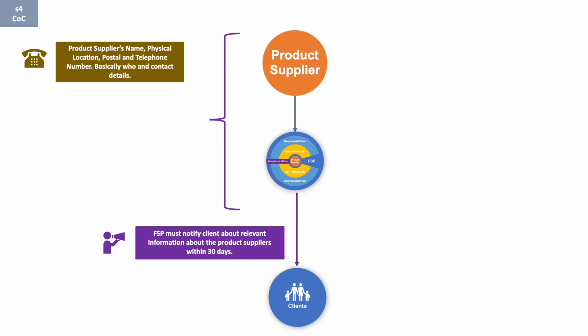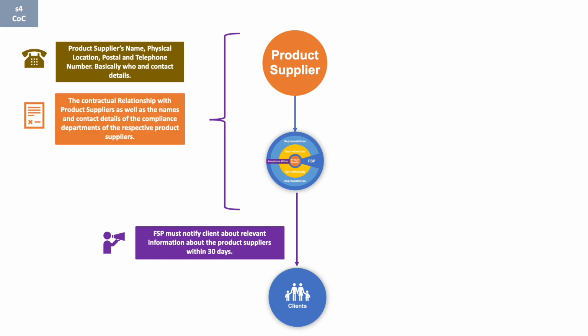Next, it is important that the FSP informs the client of the contractual agreement and relationship with the product supplier. This is so the client is aware of the FSP and the product supplier's relationship. We need to provide the names and contact details of the product supplier's compliance departments.